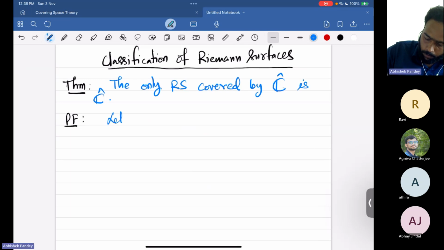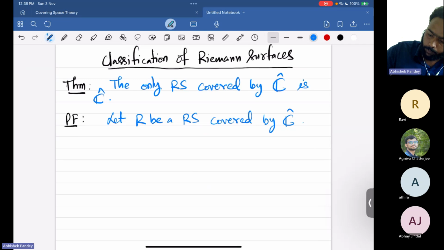So let R be a Riemann surface covered by C hat, and consider the covering group. This covering group is sometimes also called the deck transformation group.